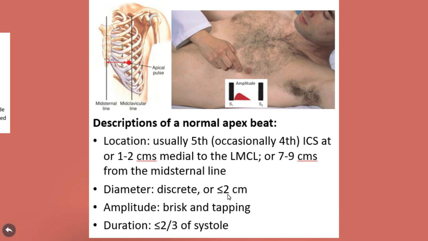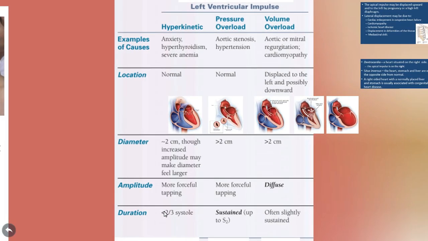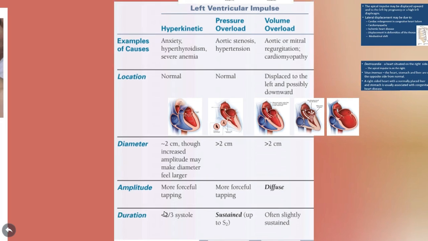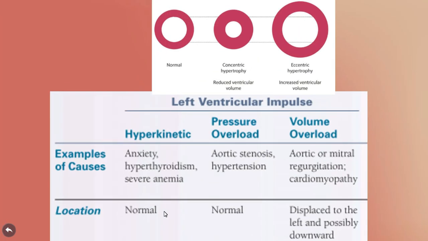So if you are able to see an apex beat that is visible over 2 intercostal spaces, you have to think that the apex beat is hyperdynamic. The amplitude is usually brisk and tapping in character, and the duration is less than two-thirds of systole. So this is the differential diagnosis in a patient with a problem on the LV impulse: either normal, hyperkinetic, with a pressure overload, or with a volume overload.